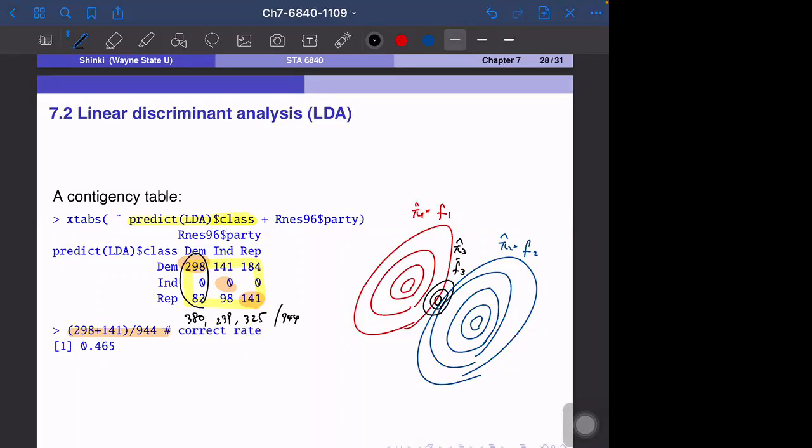Since pi3 for Independent is small, for any data point, even a point around here, the probability is still either larger for Democrat or larger for Republican. That's why no observations are classified as Independent.